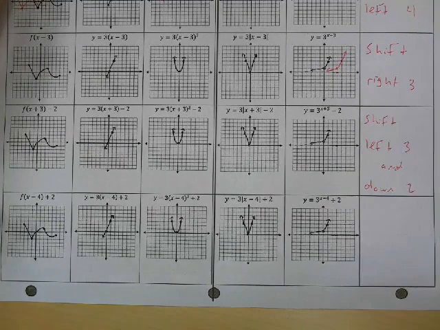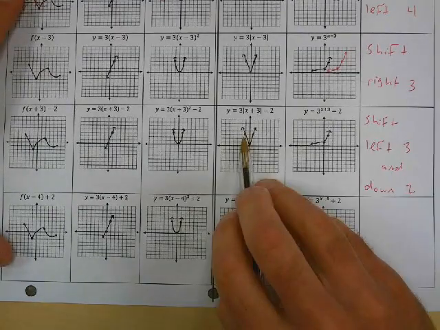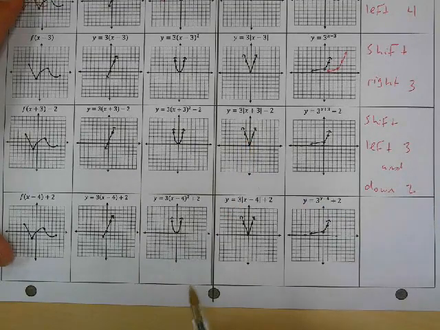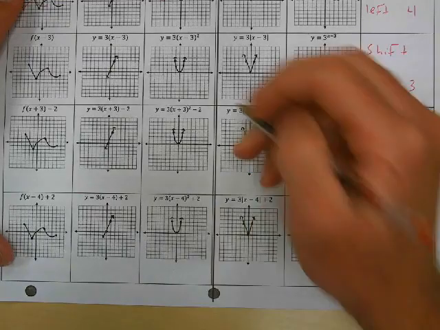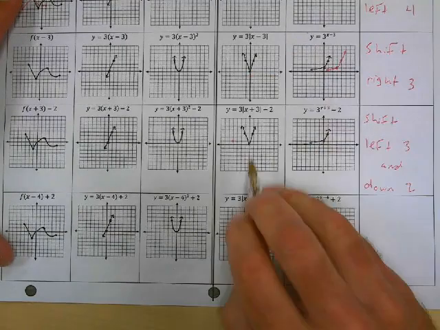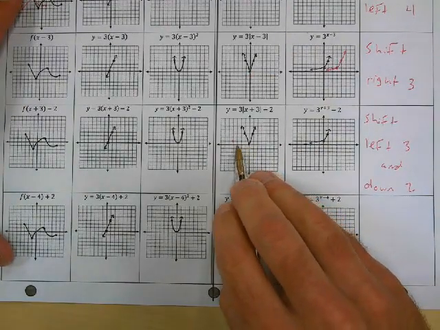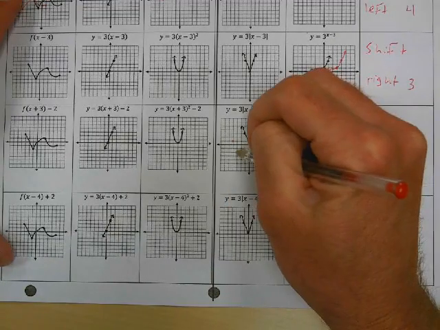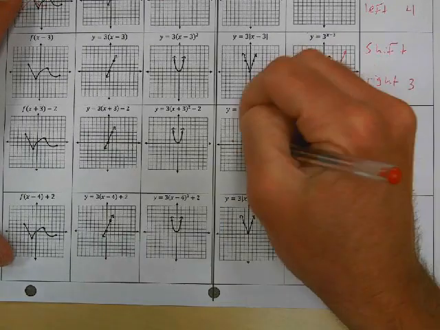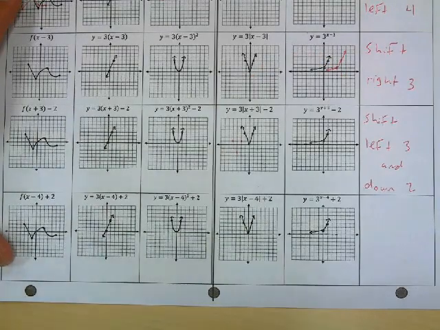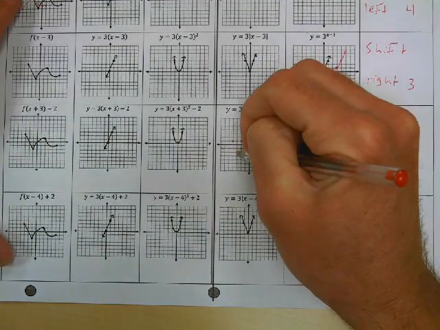Let's do it to the absolute value function. So I just want to take each of these 3 points, move them left 3 and down 2. So starting here, 1, 2, 3, 1, 2. It's going to put me here. Let's go here next. 1, 2, 3, 1, 2. And 1, 2, 3, 1, 2. It's going to put me right there. That gives me those 3 points, and then I can draw that new absolute value function.